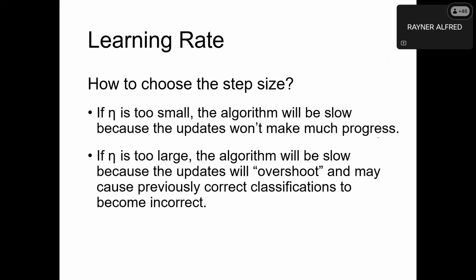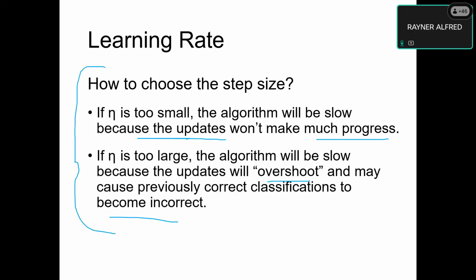Okay, so this is the issue, how to choose the step size. If n is too small, the algorithm will be slow because the updates won't make much progress. But if it's too large, then you will miss the bus stop, overshoot, and may cause previously correctly classified instances to become incorrect. So this is another issue that we need to tackle when we want to use a neural network or the perceptron.